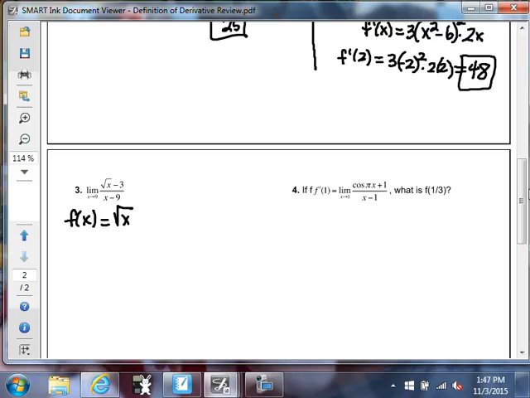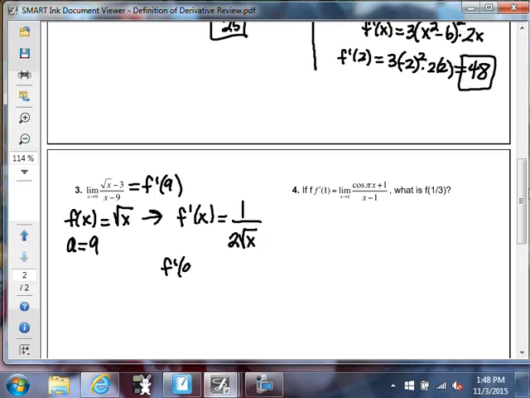Root x, what's a? 9. Okay, it's in that form. So this is all going to equal f prime of 9. Can we find f prime of 9? Sure. The derivative of square root of x, you should all know by now, it's 1 over 2 root x. Or you could do 1/2 x to the negative 1/2. So f prime of 9 then is going to be 1 over 2 times 3, which is 1/6. So it's a little bit faster than multiplying through by the conjugate. Okay.